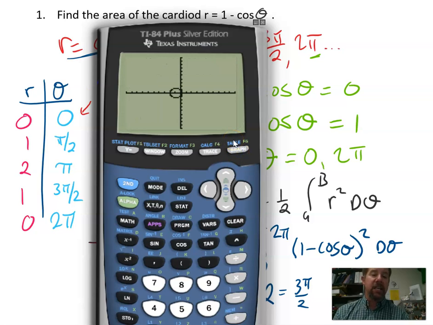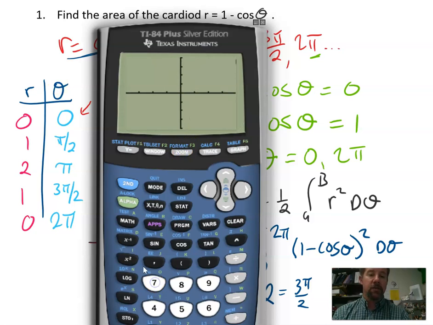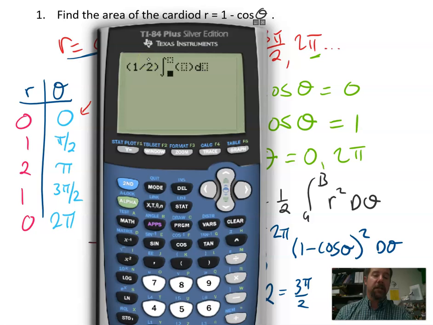That's kind of hard to see, so sometimes I do like to zoom trig, zoom number 7. But you can see there's that, maybe not as good as our drawing, but there's a graph of that cardioid that we just had, all right? And just like in the other part, I can plug stuff in. 1/2, make sure you plug that in first, that coefficient, and then your math 9 to get the integral from 0 to 2 pi.